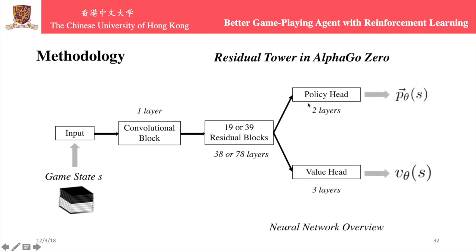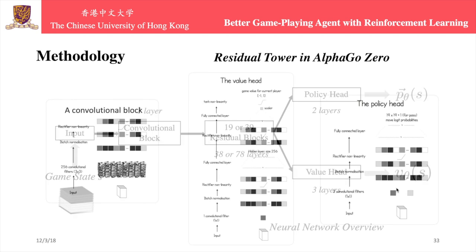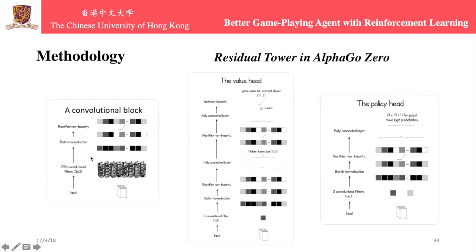One way goes through the policy head and outputs the vector. The other way goes through the value head and outputs a value. The convolutional block is defined in this way, the value head in this way, and the policy head in this way.